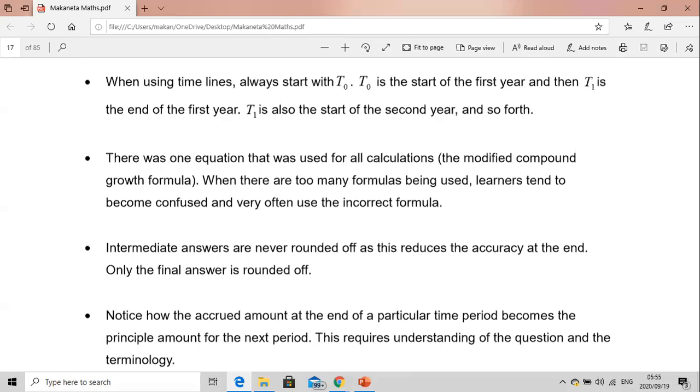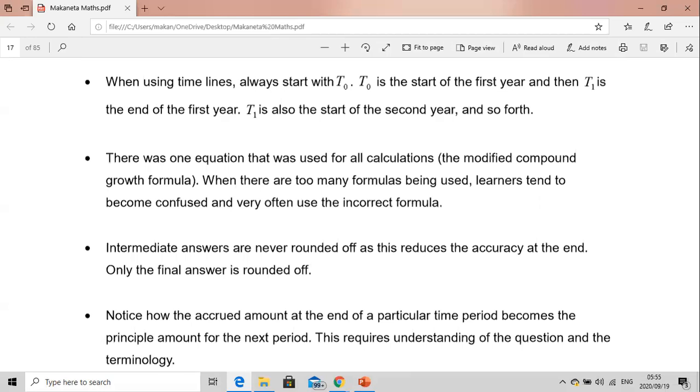So now you can check here that we did not use any equation for all calculations. And of course, the intermediate answers, you don't round off until the final answer. So only the final answer is rounded off, as I've said. But then again, you need to check and see for yourself that the accrued amount at the end of a particular time period becomes the principal amount for the next period.